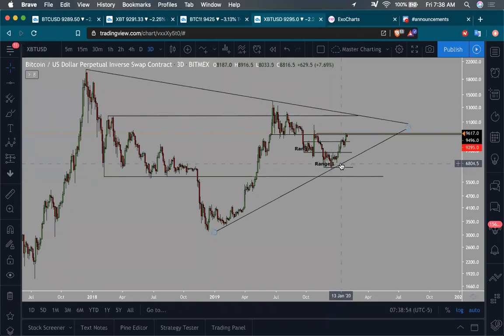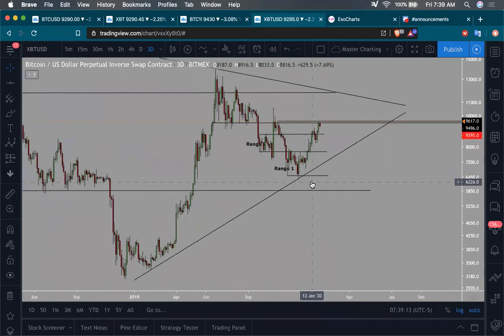That means $6,400, $6,500 are well within reach. If we start breaking to the upside, then we have that 13,000, 14,000 high that is possible, and possibly that 20,000. But until then, we're in the middle of this big pennant, okay?